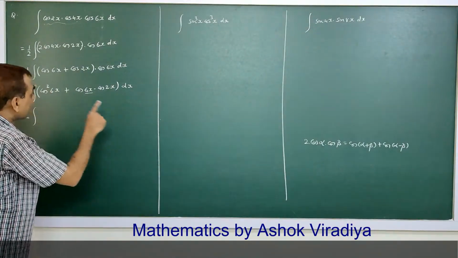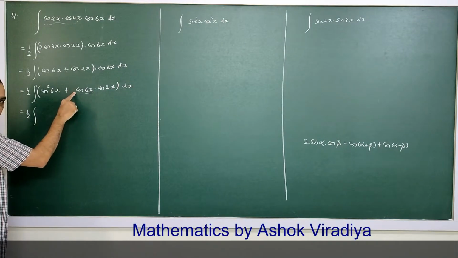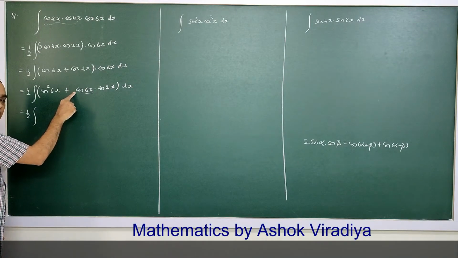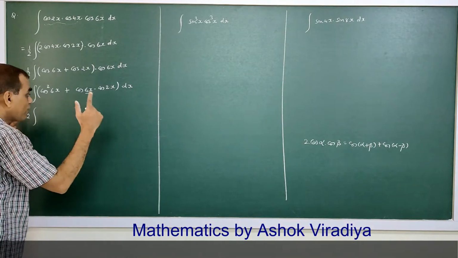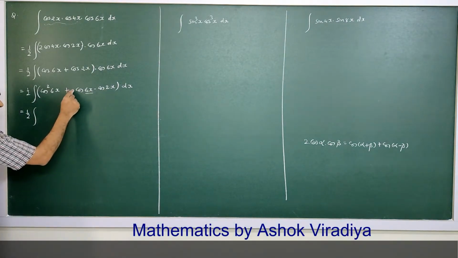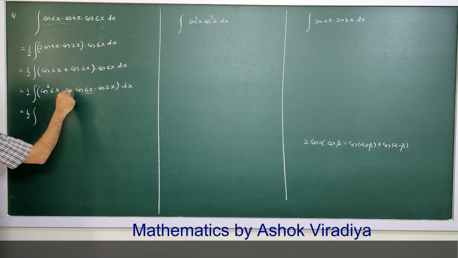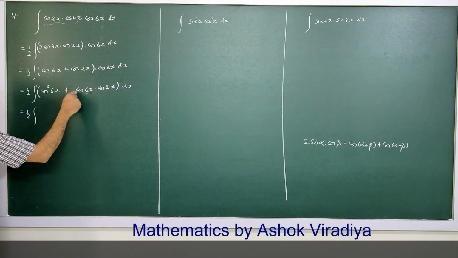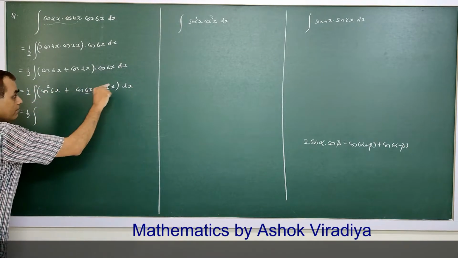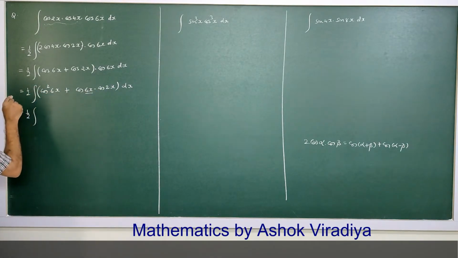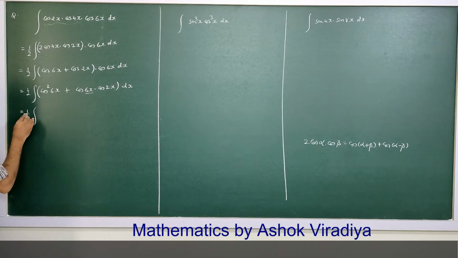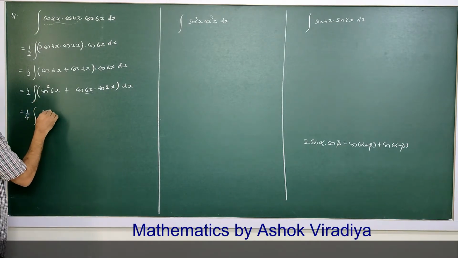But to use this formula we require here 2. We don't have 2. So before using this formula, what we do? We multiply this by 2. So to have here 2, we multiply the whole term by 2, and outside we divide by 2. So divide by 2, multiply by 2.